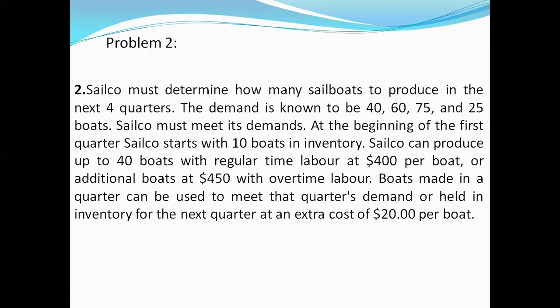Boats made in a quarter can meet that quarter's demand or be held in inventory for the next quarter at an extra cost of $20 per boat. So for the inventory, they will be spending $20 on each boat.